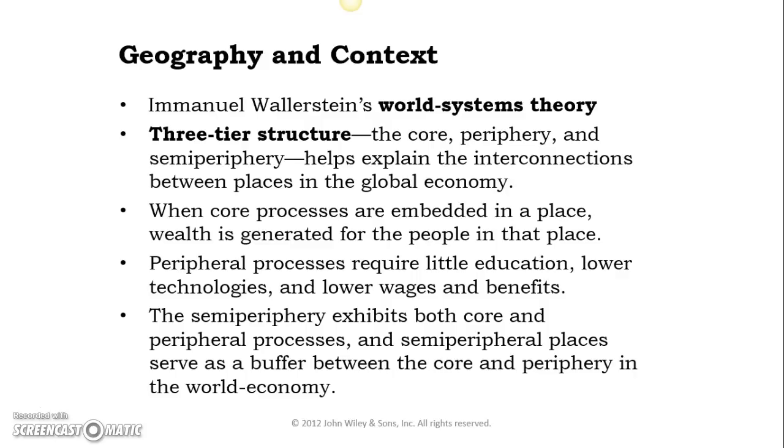They're better developed economically, better developed in terms of government and things like that. But they're not as well developed as the core, and they're still getting taken advantage of in some ways by the core. Okay? But the whole goal of this 3-tier structure, and this is one of those structuralist theories, is to explain interconnections between places when we're talking about the global economy.